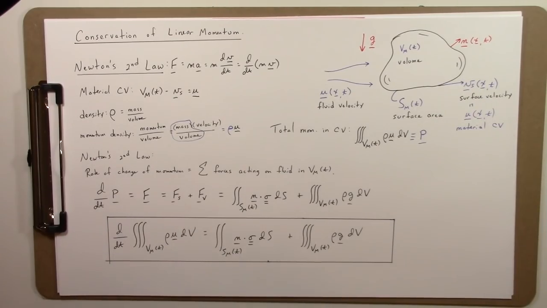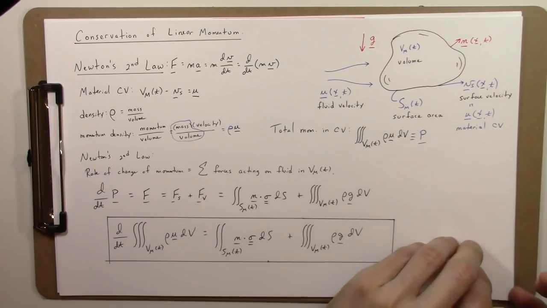And as a result, by setting the integrand equal to 0, we will obtain a partial differential equation expressing conservation of linear momentum at each point in the fluid. Once we formulate appropriate boundary conditions at interfaces between fluids and solids or fluids and other fluids, we can then solve this equation for various prototypical fluid flow problems. So that's what we'll do on the next page.